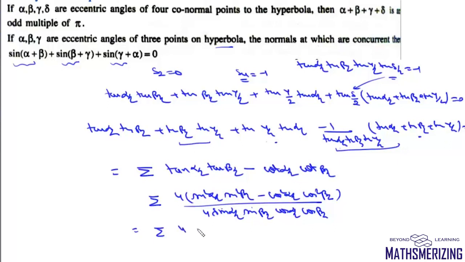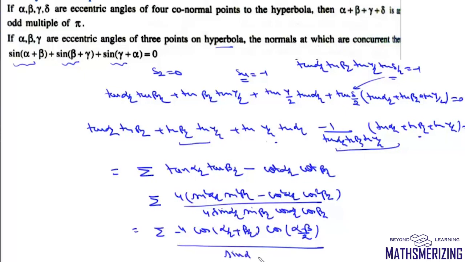So we can write this as 4 and cos a plus b. So it will be cos alpha plus beta by 2 and then cos a minus b, and there will be cos alpha minus beta by 2 with a minus sign. And in the denominator we have 2 sin alpha by 2 cos alpha by 2, which is nothing but sin alpha, and sin beta by 2 cos beta by 2 is sin beta. So we can write this as sin alpha into sin beta, and this summation is equal to 0.